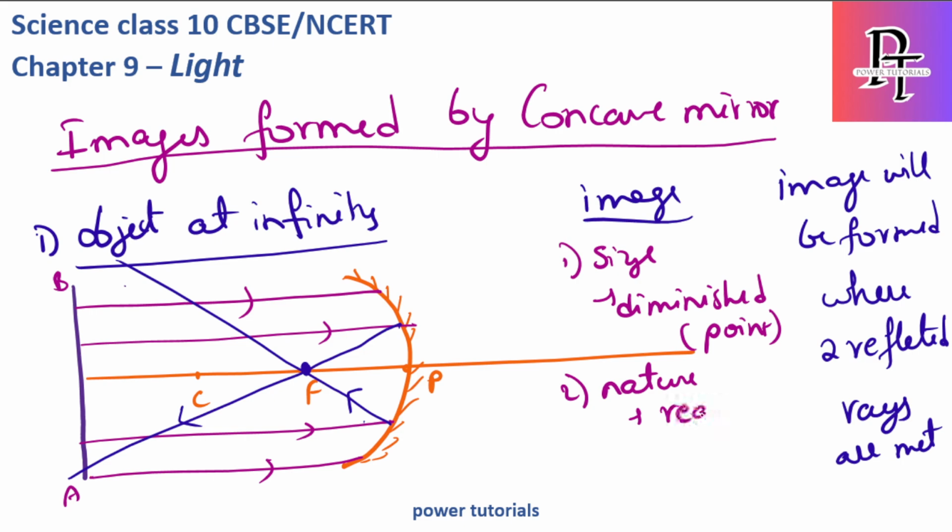And we call it inverted, but I can't say it is inverted also because it is just a point. Okay, so we say it is inverted because it's not virtual in that case. And then the third case, position, where the image is formed: it is formed at focus. Okay, in this, the first point is done.